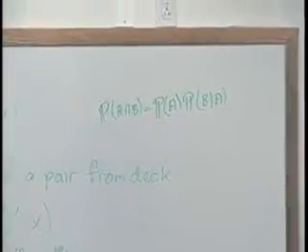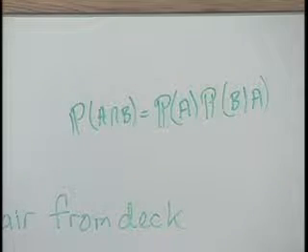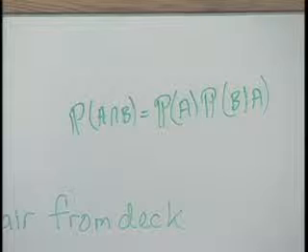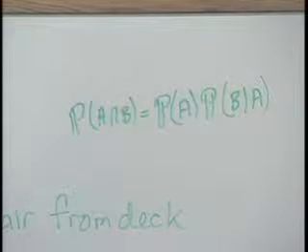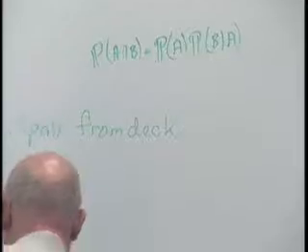In order to calculate the probability of their intersection, you have to calculate the probability of the first event, and then in that changed situation, calculate the probability of the second event. Okay, this one, when I worked it out, I believe I've got these right because they sum to 1. This came out to 2 over 34.